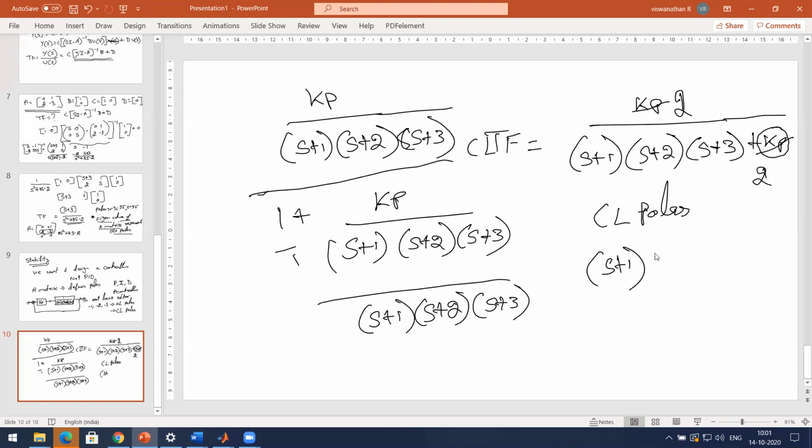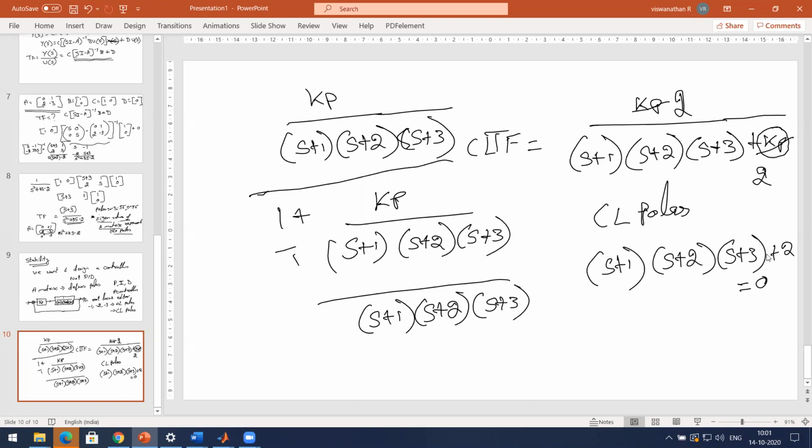Correct. That has only the numerator, no? (s plus 1) into (s plus 2) into (s plus 3) plus 2 equal to 0. Okay, so the roots of this equation will give what?